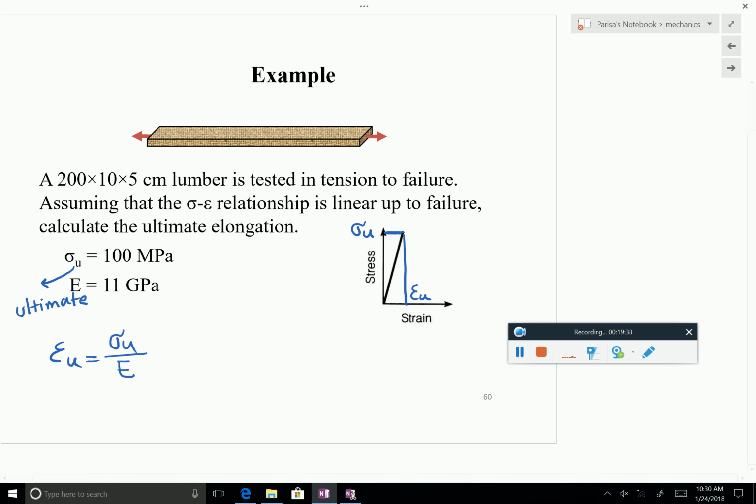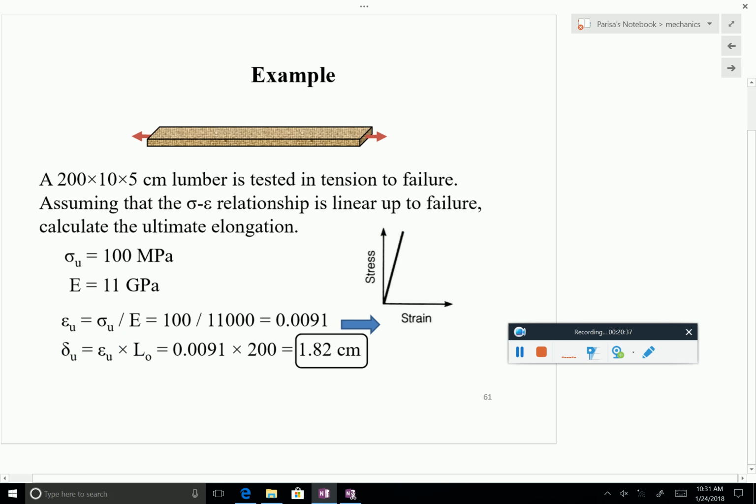Because it's linear, we can do that. So we just calculate the strain and voila, this is what we get.